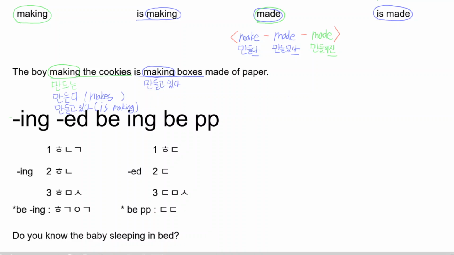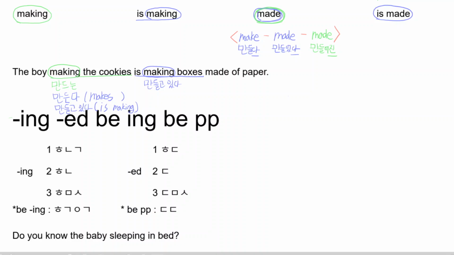It's a non-finite verb, which is 준동사, right? 준동사. Okay? So as I said earlier, made could be either way. If it is blue, it means 만들었다. If it's green, it means 만들어진. So sometimes you have to make a choice between these two.